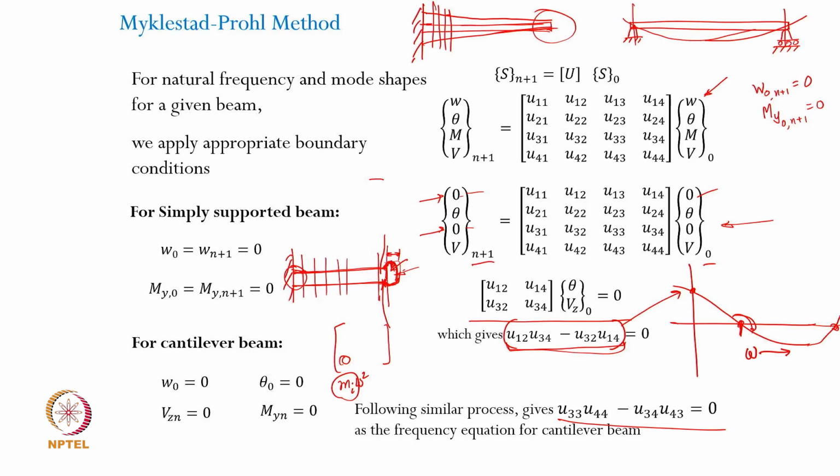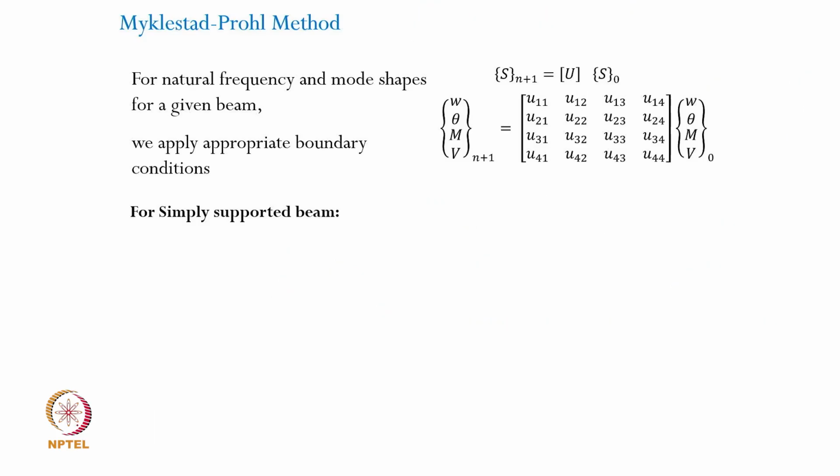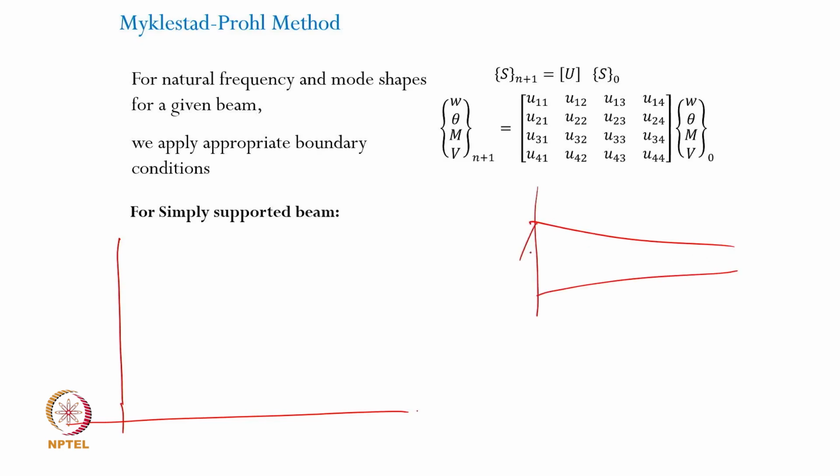So what is the effect of discretization? Suppose you first discretize this tapered beam, a turbine blade, into, let us say, 10 segments.